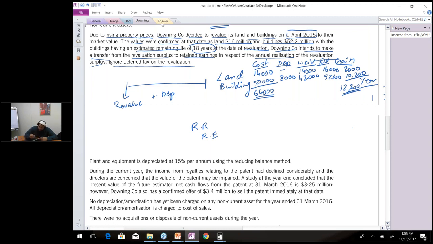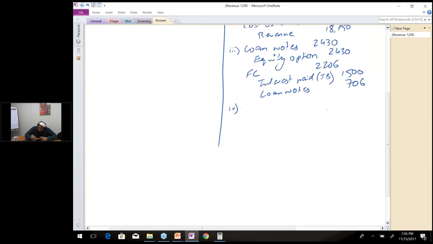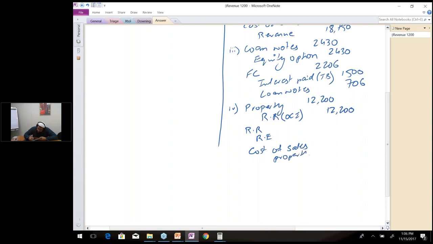So the entry for adjustment number 4 is going to be property debit by 12,200 and revaluation reserve through OCI credit by 12,200. And then we are also going to charge the depreciation, so cost of sales debit, property credit, and the plant credit.